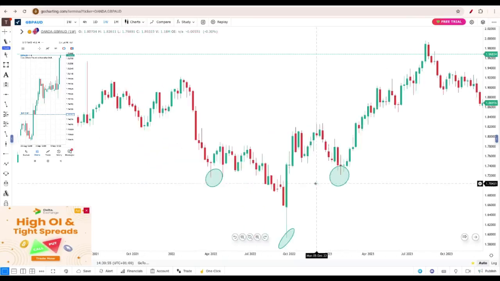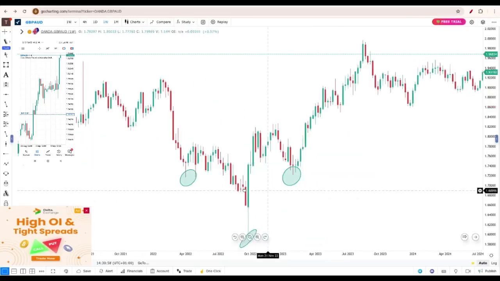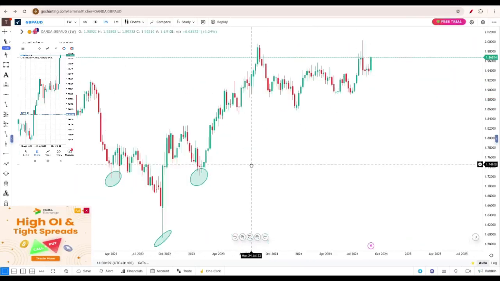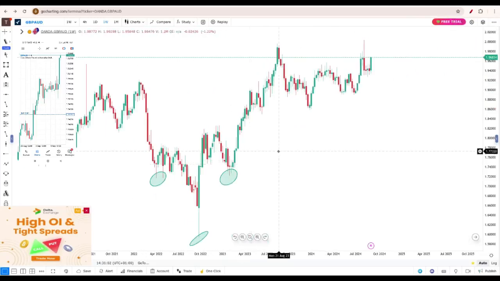So automatically we have a bias. We are actually on the uptrend. So in this case, on GBPAUD, to trade like a professional, as I said earlier, whatever you'll be looking at on GBPAUD should be buy trades.